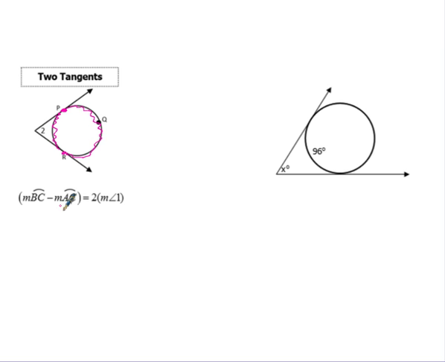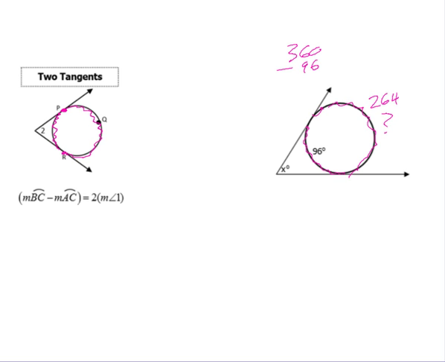So we're still doing arc minus arc equals 2 times the angle. Here, we're given the angle, we're given this piece of the arc, but now the question is, how do I find this piece here? Since we are intercepting the entire circle, we would have to do 360 minus 96. 360 minus 96 is 264.